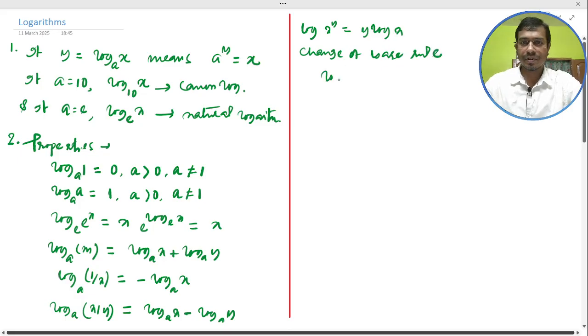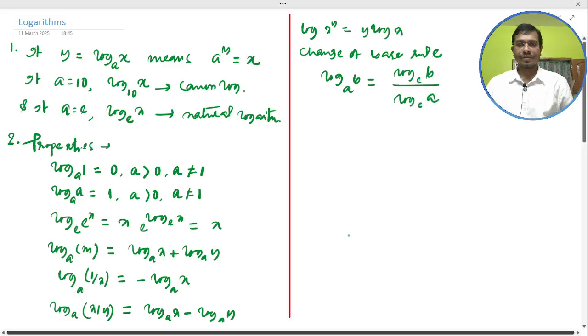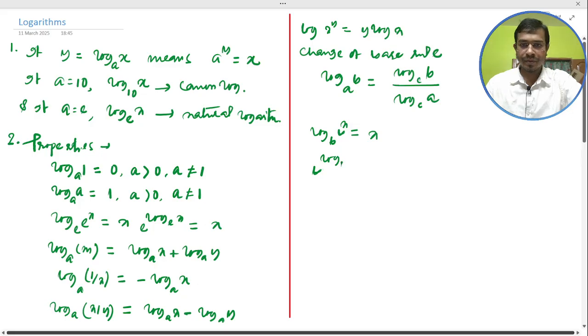Change of base rule means log base A of B is equal to log B by log A. Next, suppose log base B of B to the power x is equal to x, and B to the power log base B of x is equal to x.